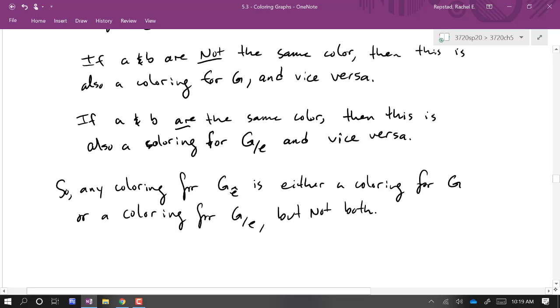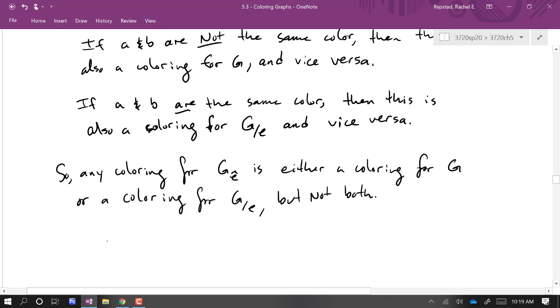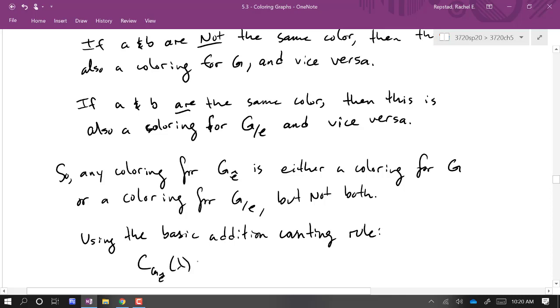These are non-overlapping. It's going to be a coloring for one or the other, but not both. That means that the chromatic polynomial for G sub E hat is the sum of the chromatic polynomial for G and the chromatic polynomial for G mod E, which is what we wanted to show.